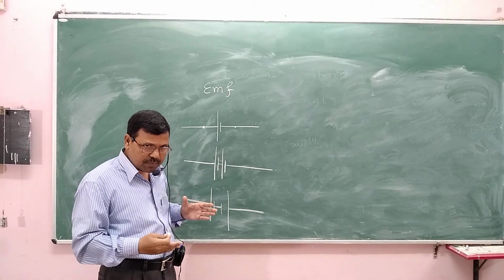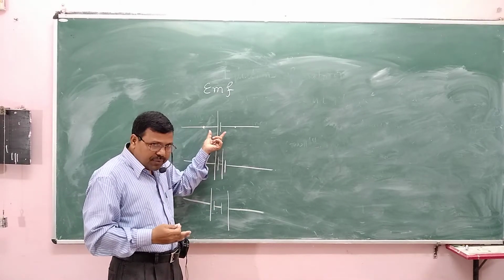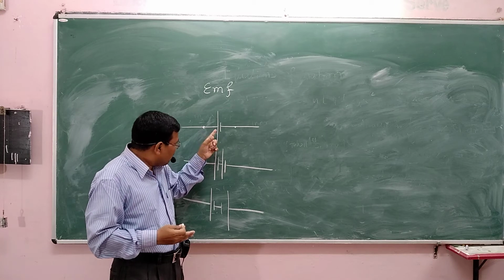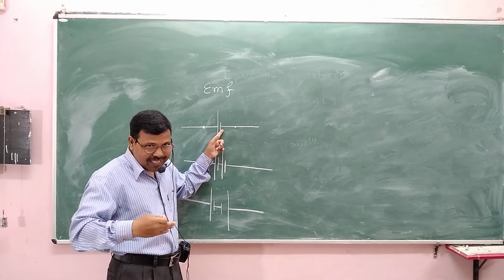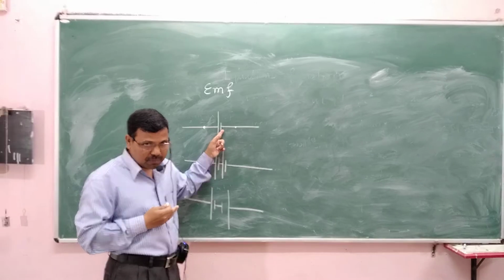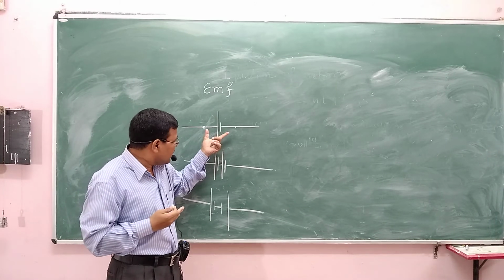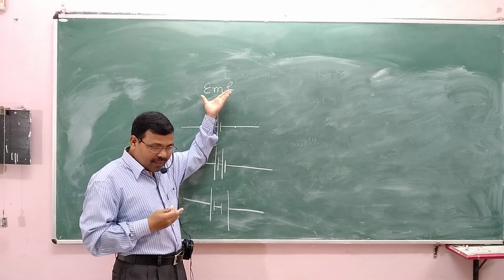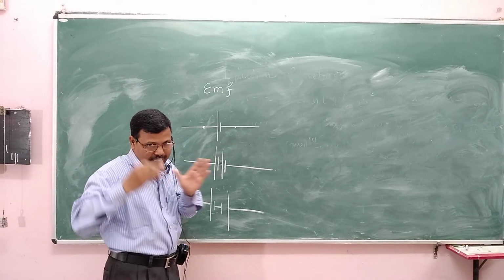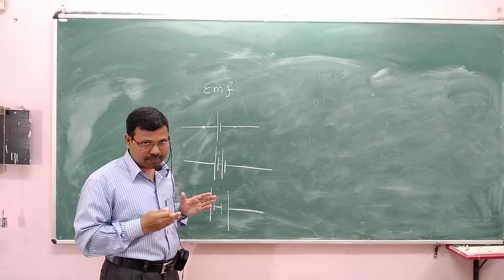In other words, it is the difference in potentials between the two terminals of a cell when the cell is in open circuit. It means no current is drawn from the cell. This gives us the EMF of the cell.